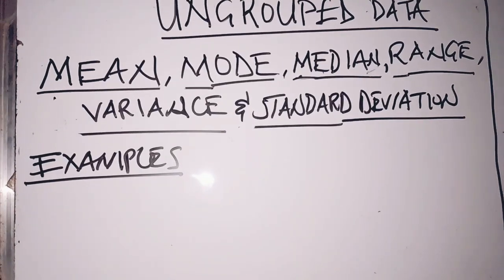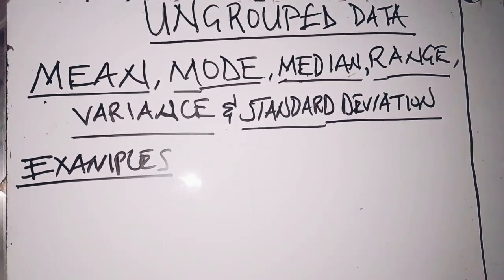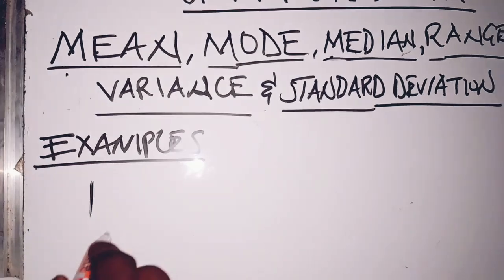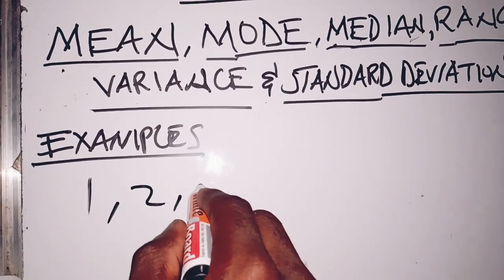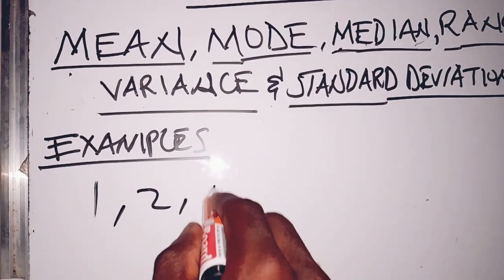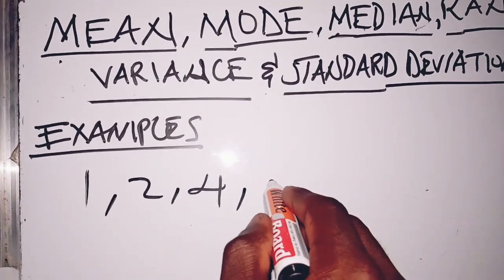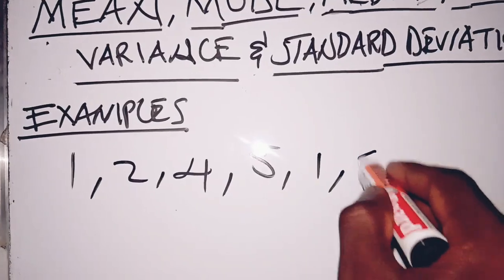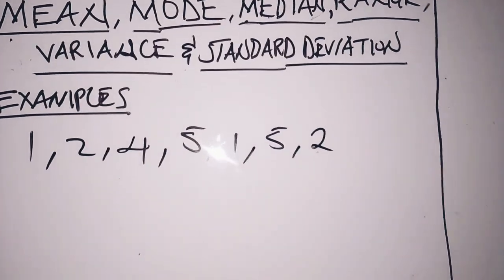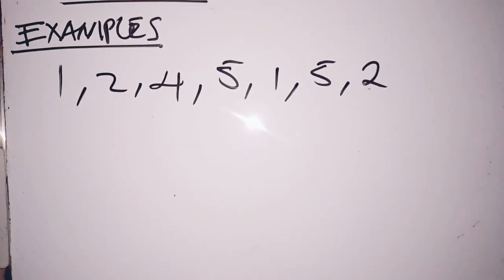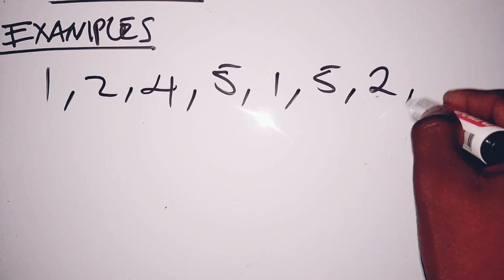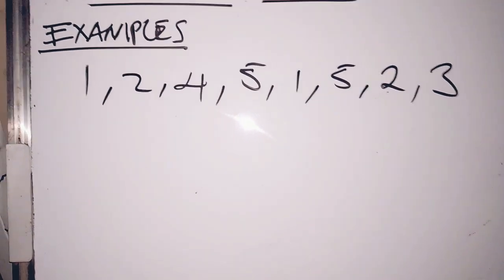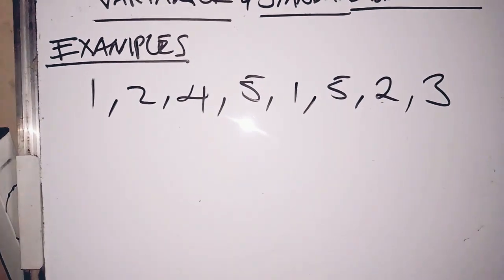For example, we are given samples collected from different places: sample 1, sample 2, sample 4, sample 5, sample 1, sample 5, sample 2, and sample 3.